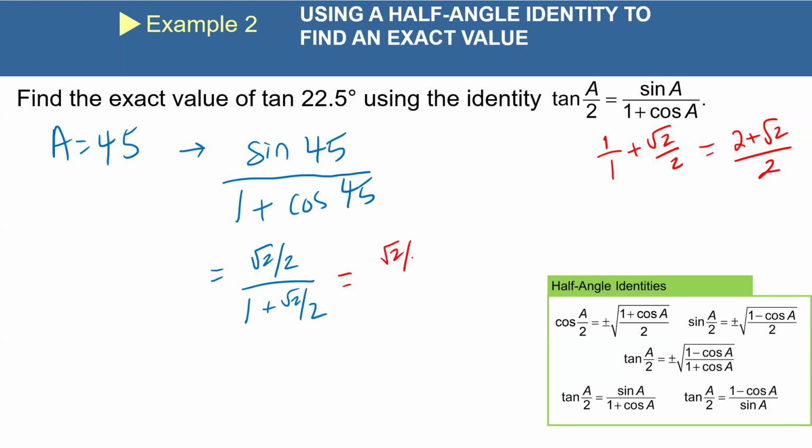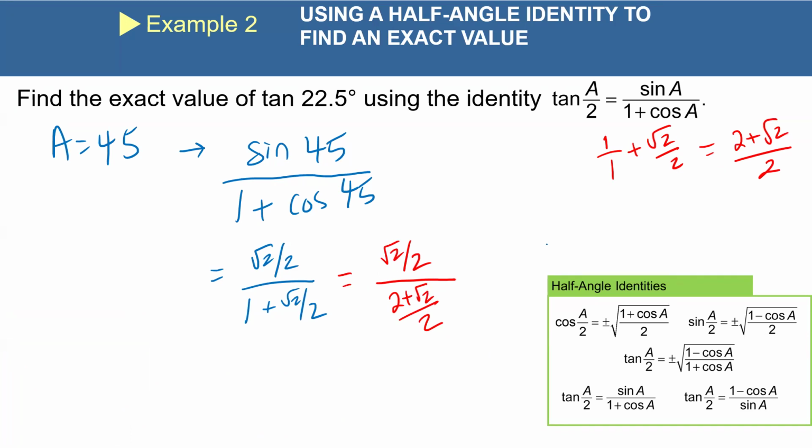So the square root of 2 over 2 divided by 2 plus the square root of 2 over 2. Now that I have a fraction in the numerator and a fraction in the denominator, it's not in the square root. That's not under the square root. It's square root of 2 over 2.